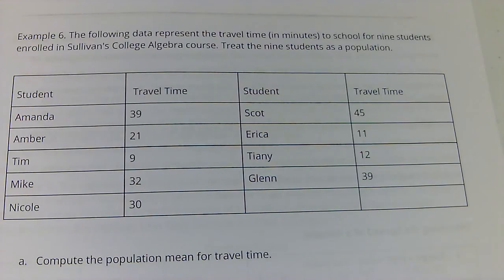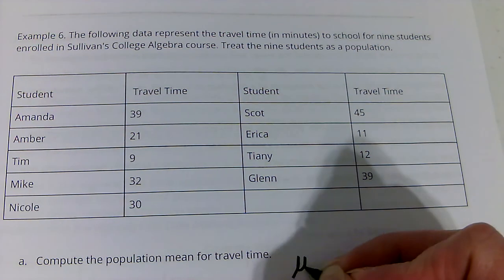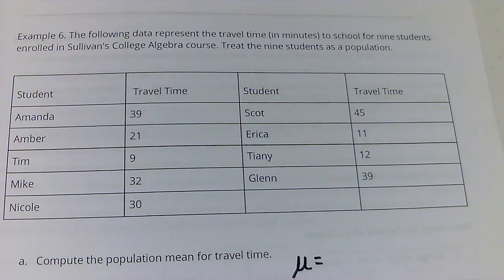The following data represent the travel time in minutes to school for 9 students enrolled in Sullivan's College Algebra course. Treat the 9 students as the entire population. So compute the population mean for travel time. And then you pick a sample of size 4 and compute a sample mean.